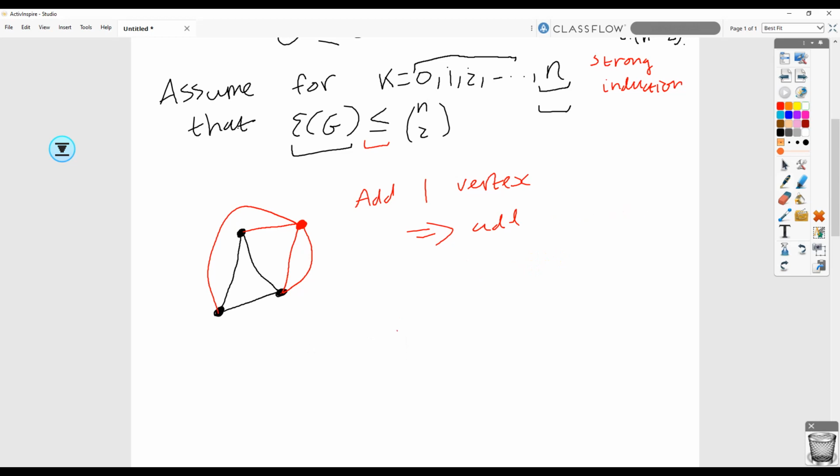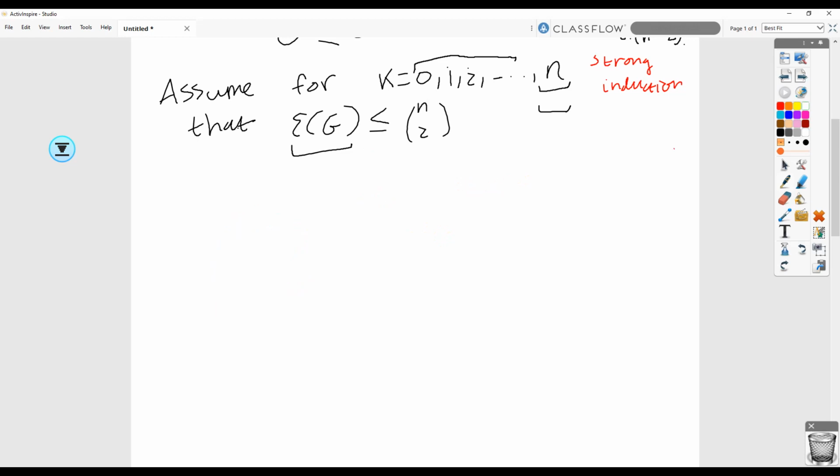You could say, if I add one more vertex to any graph, then I add n more edges. Okay, so we're going to write that. That's sort of like a lemma that helps us prove this theorem. I'm not going to prove that rigorously because I think it's quite obvious, but you could probably prove that by induction.